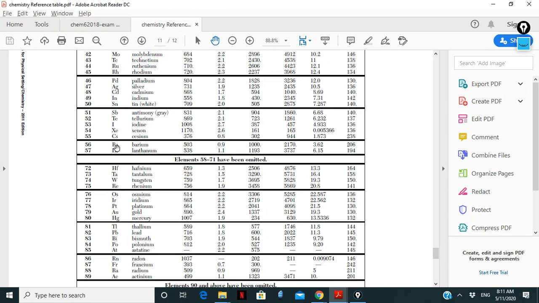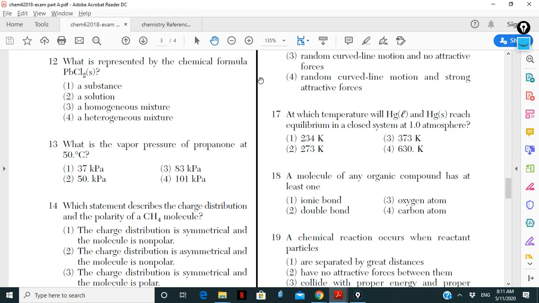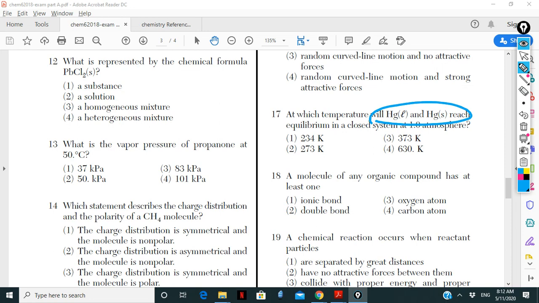Now the question is between liquid and solid, which means the melting point.